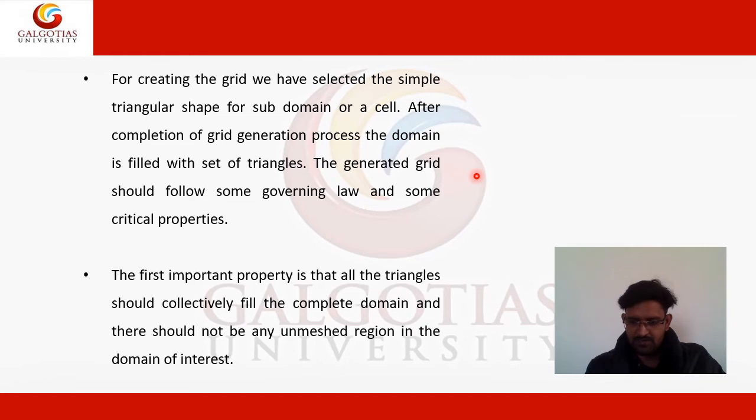Here the triangle is a small element, but any finite size element, whether triangle, quadrilateral, hexahedral, or octahedral, should not cross the boundaries of each other. And all the elements should be connected to their neighbors at their vertices, and those vertices are known as nodes. So these points we have to keep in mind when we are doing the grid generation.